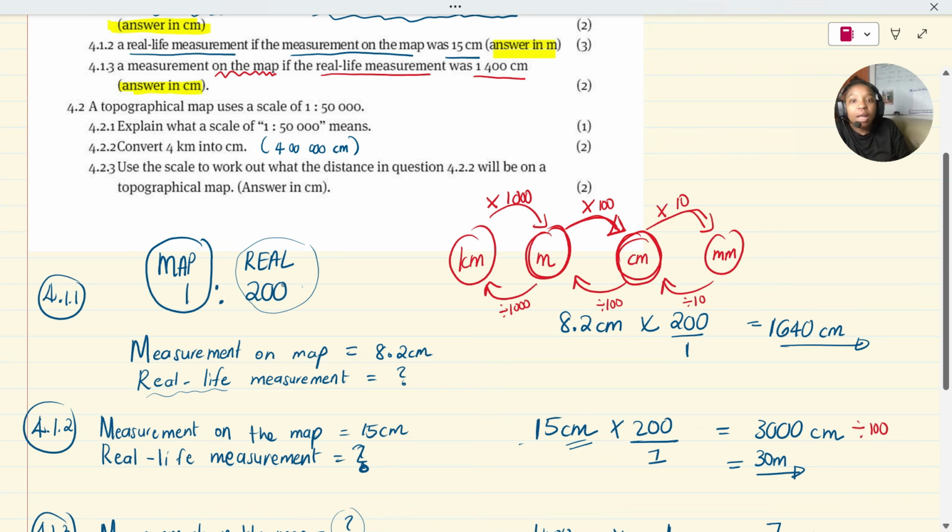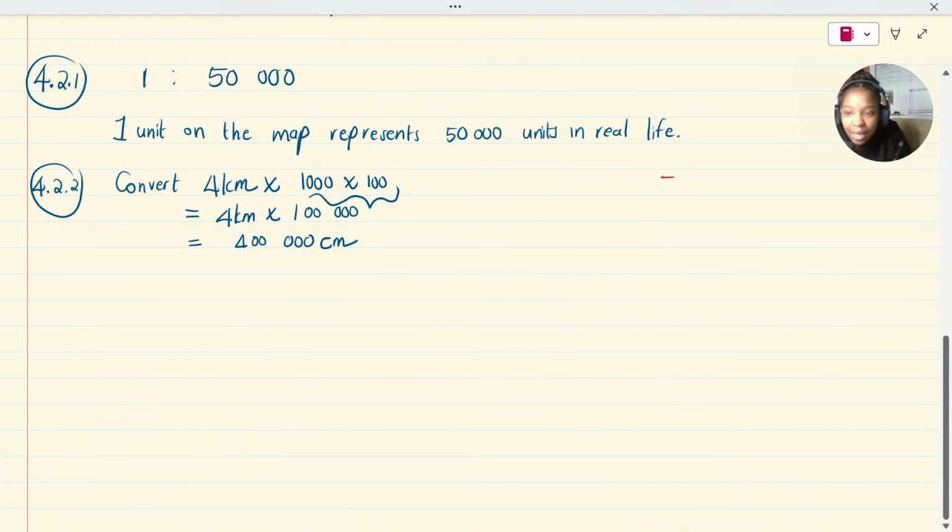Now they're asking, what will the distance in question 4.2 be on a map? If they say this is 4 kilometers, this is the distance on the ground. So this 400,000 is just the distance in real life.